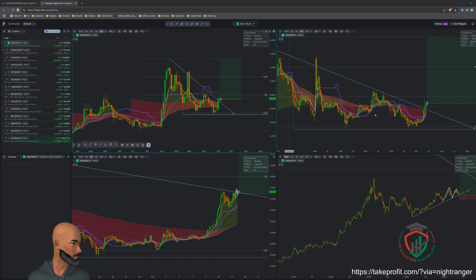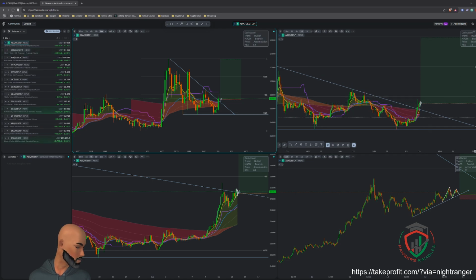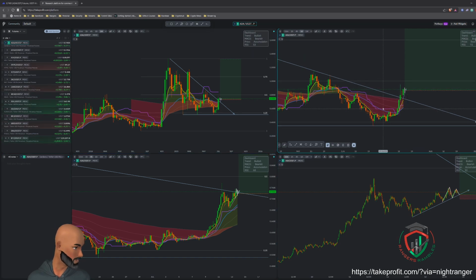I can take that. So the next level here would be the 0.5. So even if you went long here, 0.75 on 80 cents for a target makes sense, I guess.